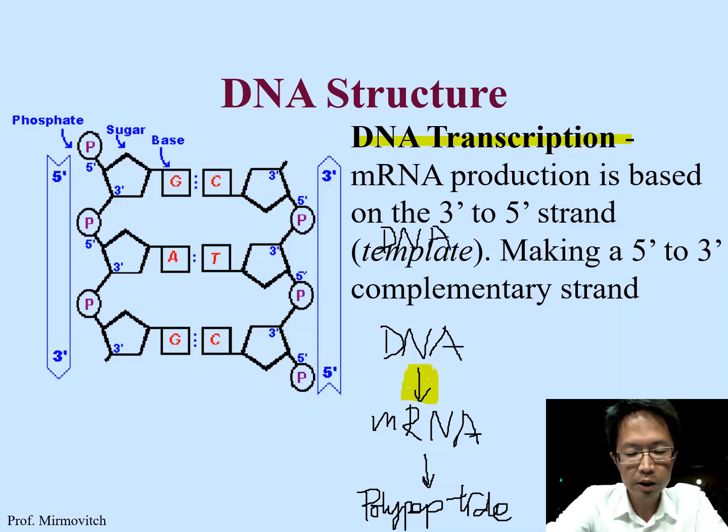When we transcribe DNA into messenger RNA, we use one strand of DNA as the template. And then we move along the 3' to 5' strand. So that's how we make the 5' to 3' strand. We call it the complementary strand. The complementary strand is basically the RNA.